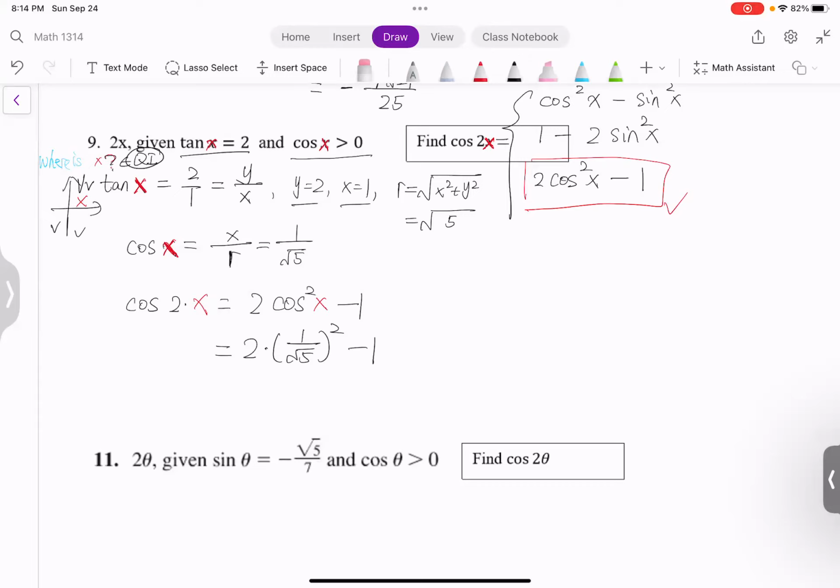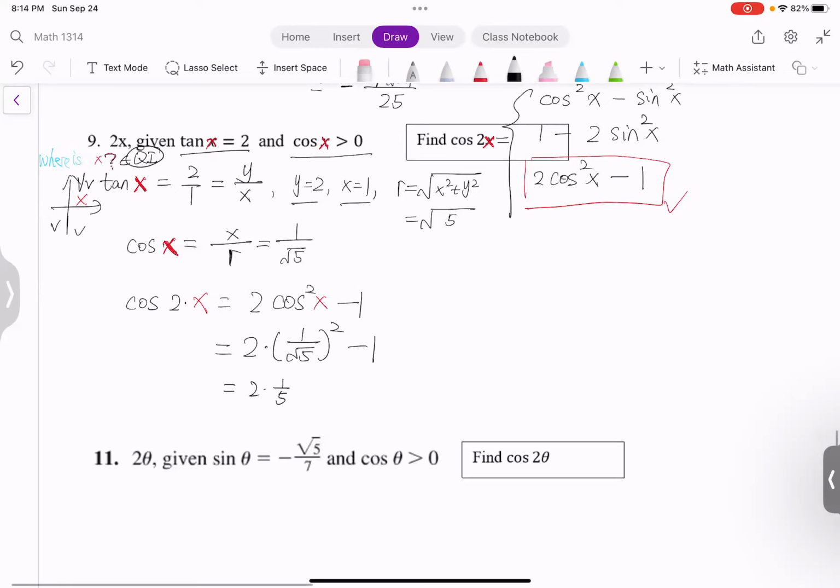Okay, so let's simplify the expression. We have 2 times 1 over 5, because you square the top and square the bottom. Minus 1, we have 2 over 5 minus 1. We have 2 over 5 minus 5 over 5, which is negative 3 over 5. So we have negative 3 over 5. Okay, let me box the solution.